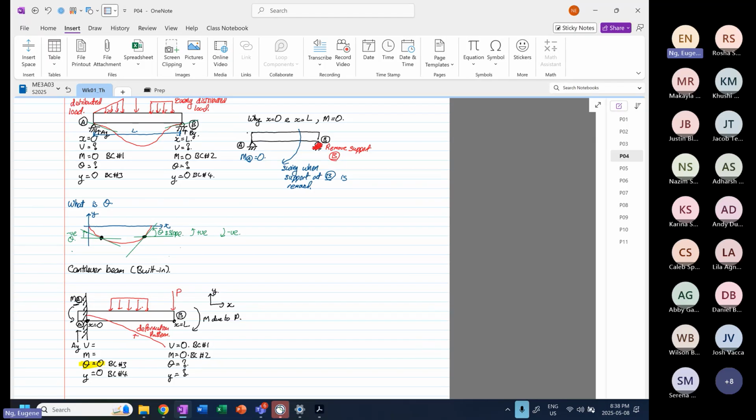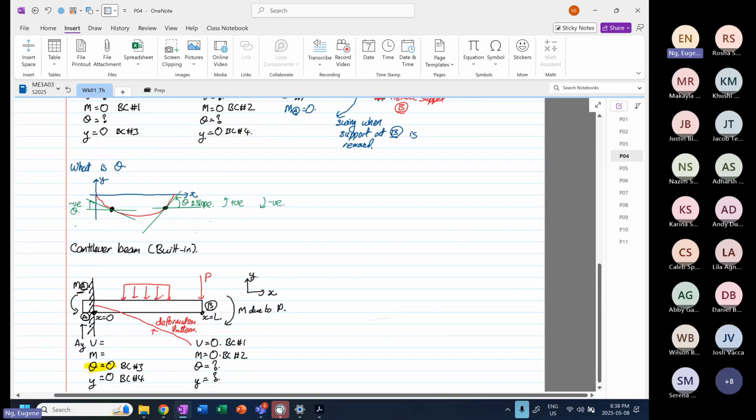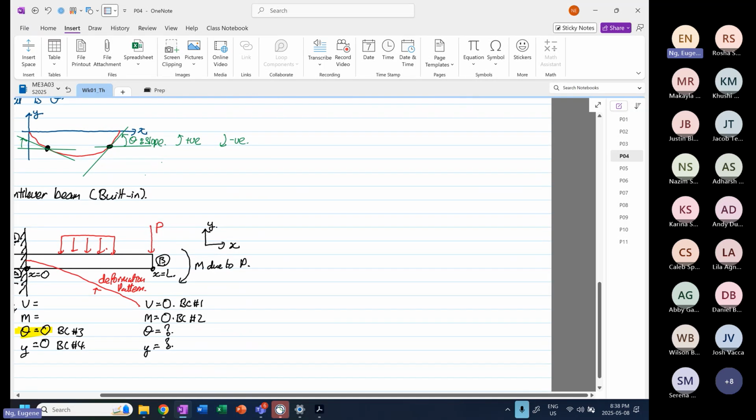Now, the third support that is very commonly observed is what we call the overhanging beam.